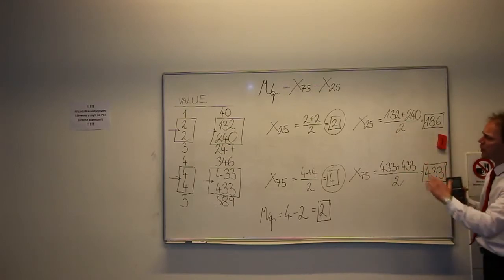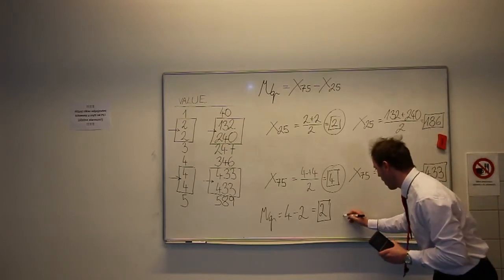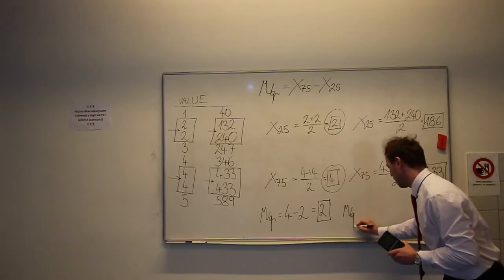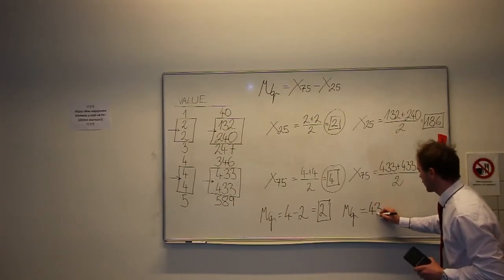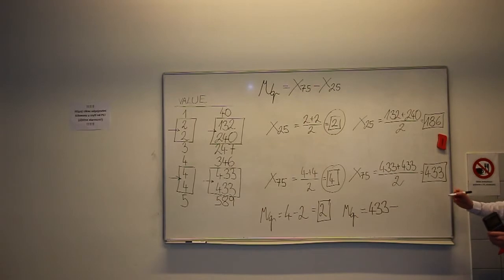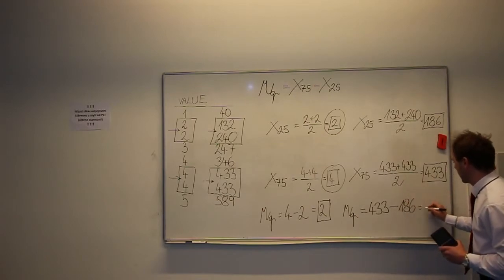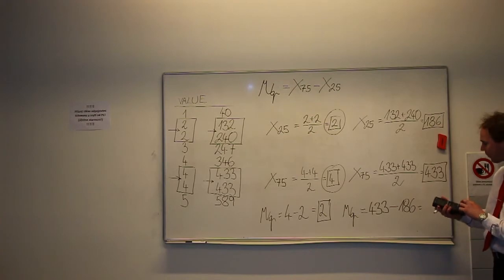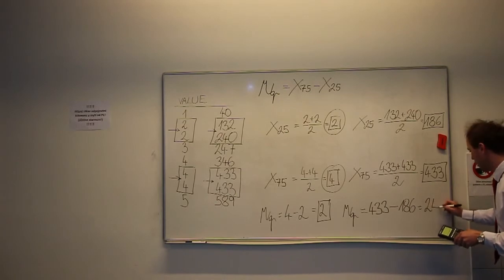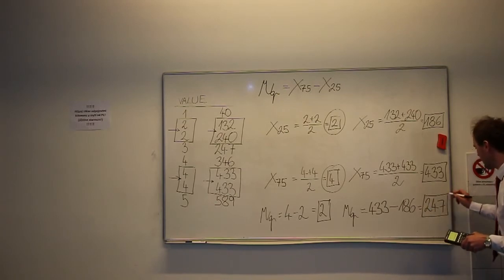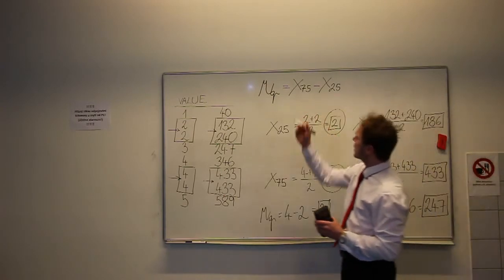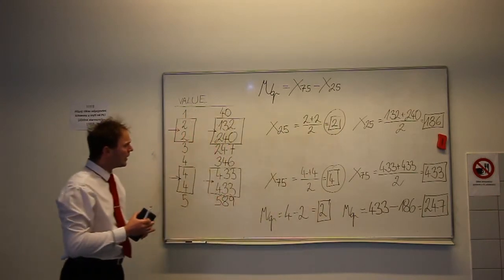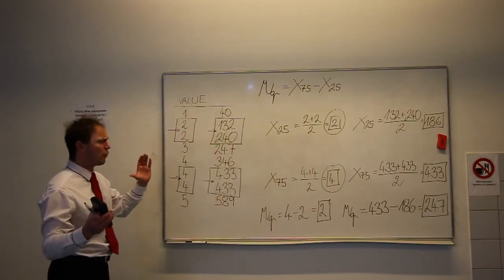And for the number of cigarettes smoked per month, the interquartile range is 433 minus 186, and the result is 247, again in basic units, so in cigarettes.